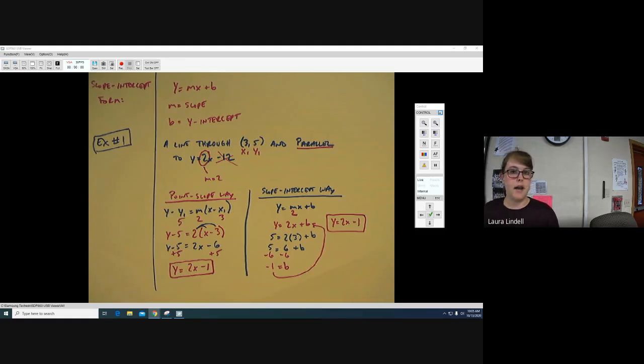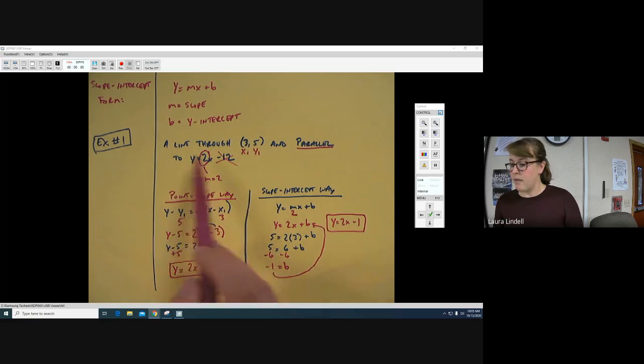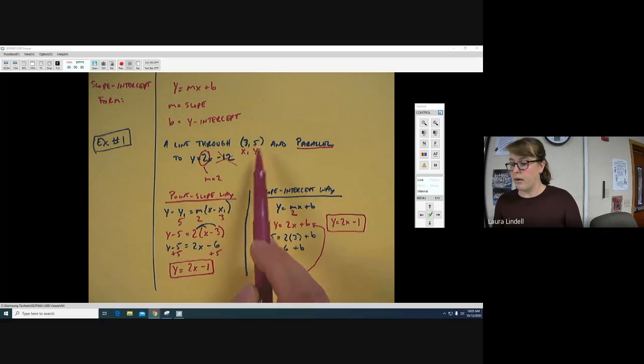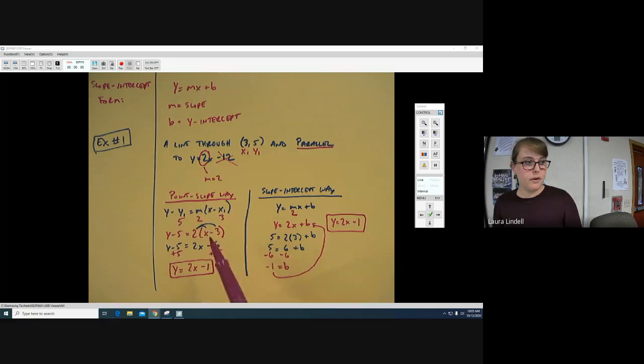Okay, so that is the slope-intercept way of doing things. Two different ways, they got us the same answer. I tend to like this way for this method of doing things where you're given a point and you're given a slope. But either way works. So whichever way jives with your brain the best, do it that way.